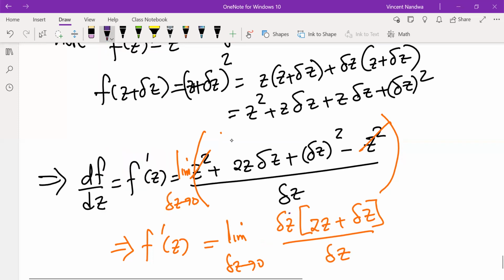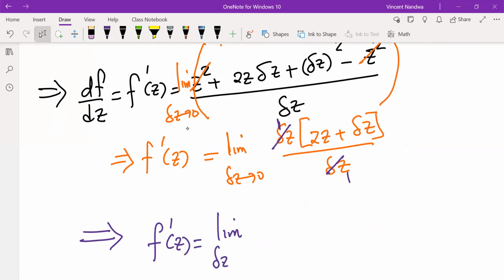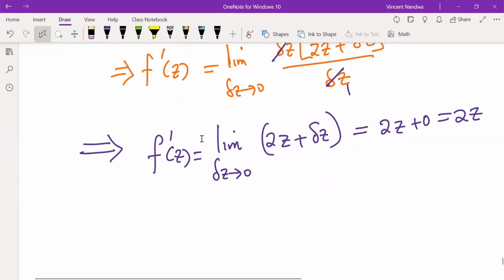So delta z cancels out, and we'll have f prime of z equals the limit as delta z approaches 0 of 2z plus delta z. And it's not hard to see that this will be 2z plus 0, which is just 2z. So that's the derivative.